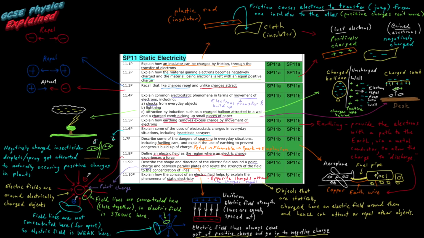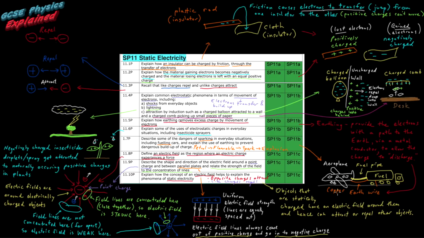Well, if you are refueling an aeroplane or a car, you are putting petrol through a pipe. And when one thing rubs against another thing, electrons can get transferred. And if they get transferred and build up, it could cause a spark, which would blow up the aeroplane.